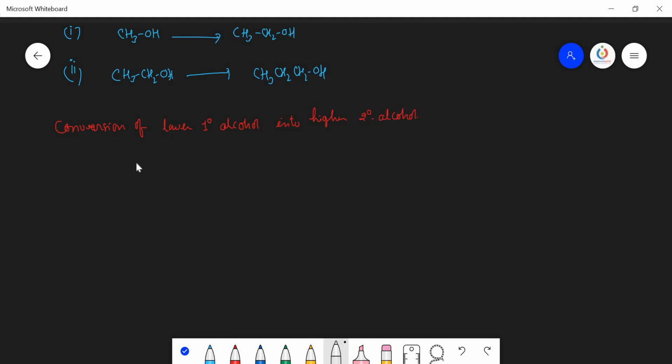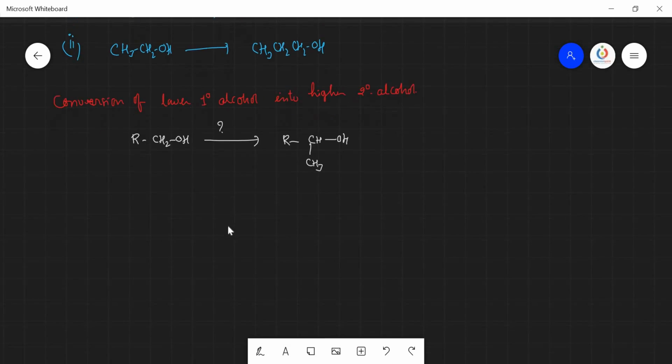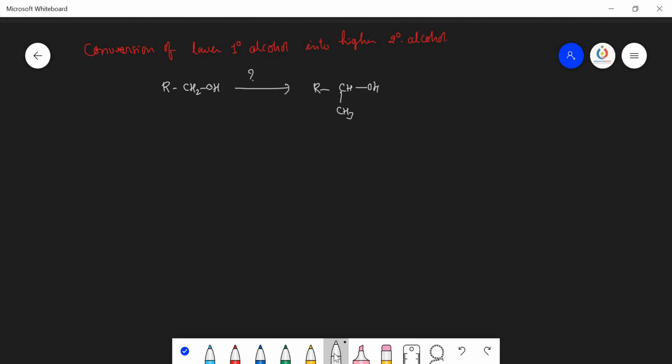So let us take one lower primary alcohol. Say this is the primary alcohol. It has to be converted to some RCH(OH)CH3. So this is the procedure. Then how to make it? Because here we are not using any dehydration. Means we have to put the carbon this side. So that has to be done. For that we need to follow the method.